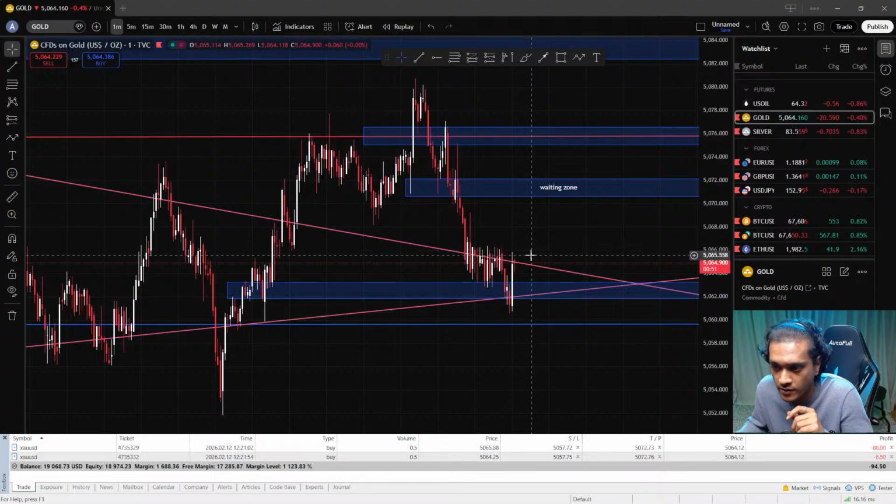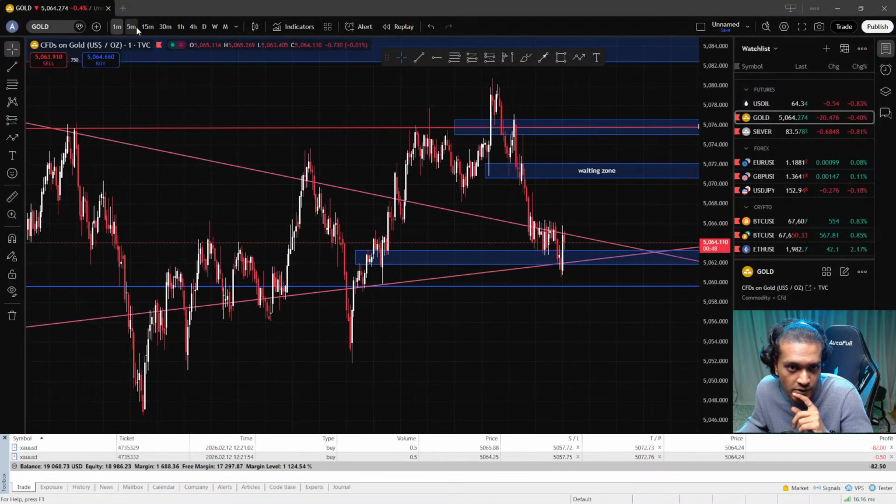This is roughly 40 pips, so it's not even close to the usual 100-pip crazy market movement.